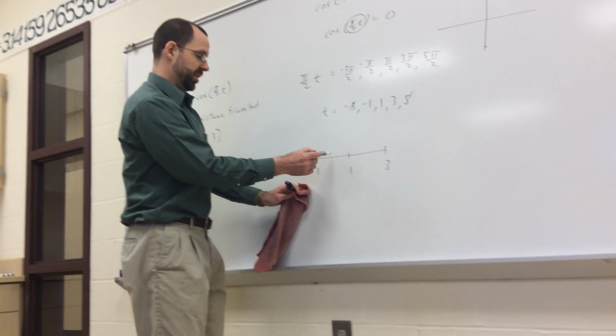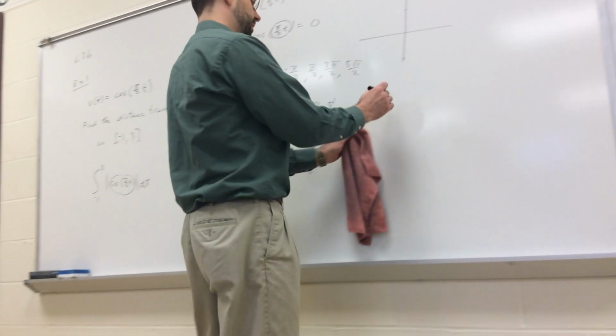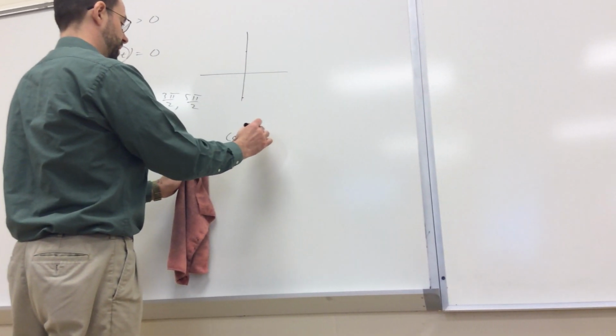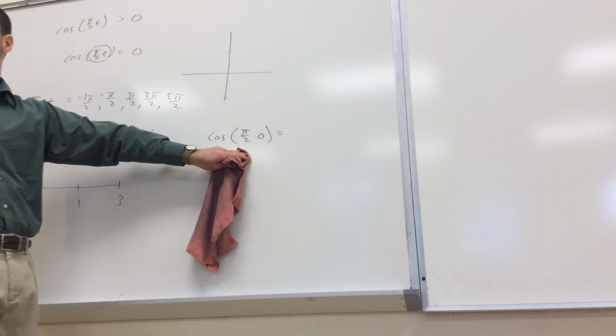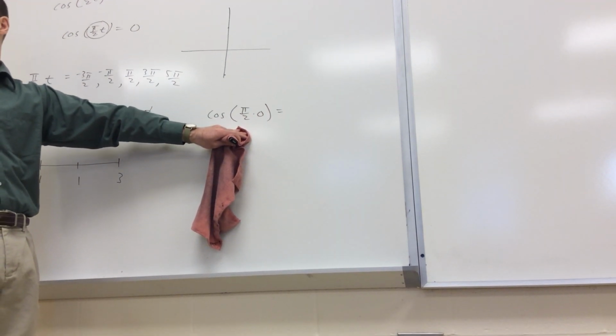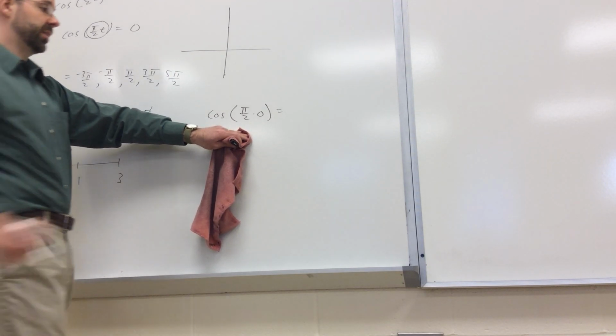All right, so for this, I think 0 would be a good choice. So I'm going to take the cosine of pi over 2 times 0. Pi over 2 times 0 is 0. Cosine of 0 is 1.